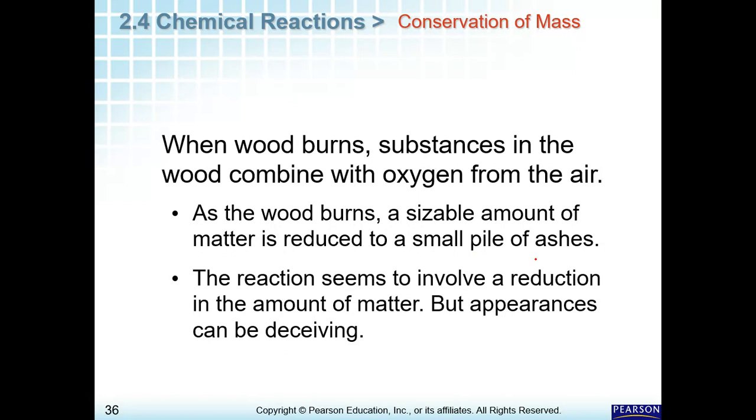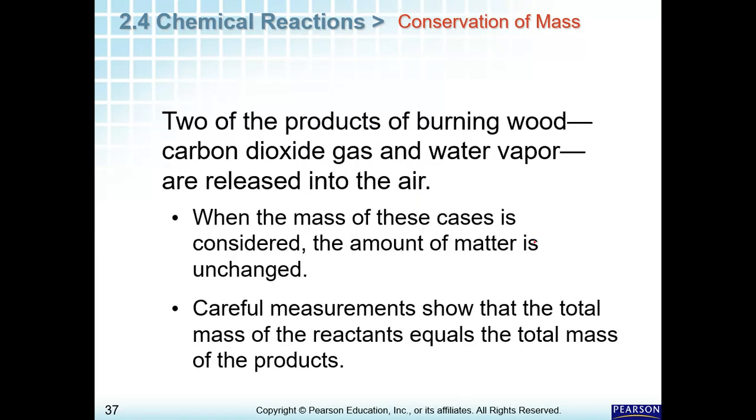But one thing to note is that appearances can be quite deceiving. Two of the products when you burn wood are carbon dioxide gas and water vapor. So again, we have wood as a reactant plus oxygen as a reactant yields ashes, and then here it says we have two other things.